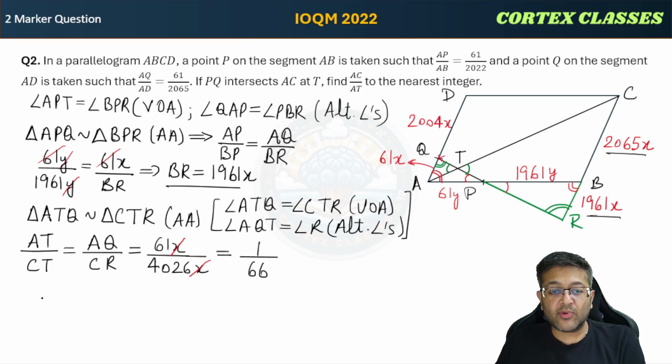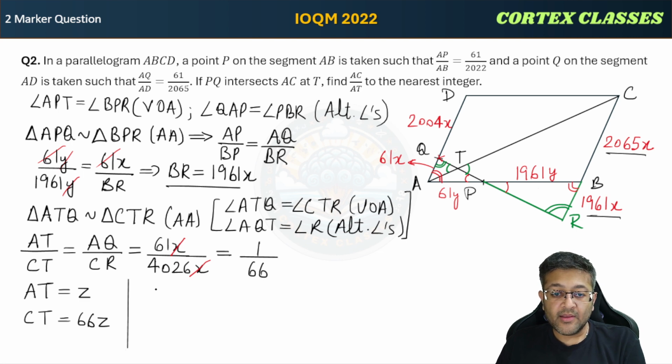So very interestingly, guys, what does this mean? That AT is to CT is 1:66. That means if I take AT as Z, then what is CT? CT is 66Z. What do we have to find, guys? AC is to AT. Let's see. So what is AC to AT? AC can be written as AT plus TC. It is AT plus TC upon AT, right?